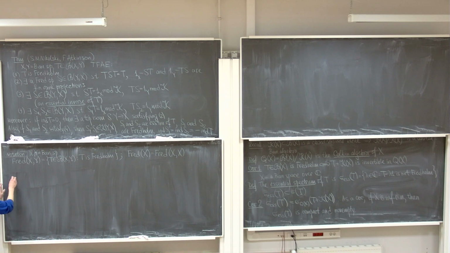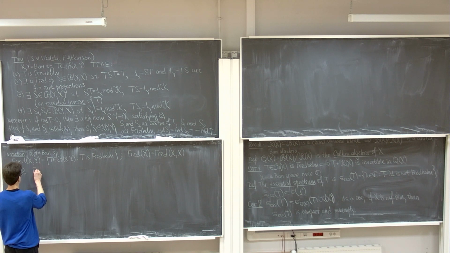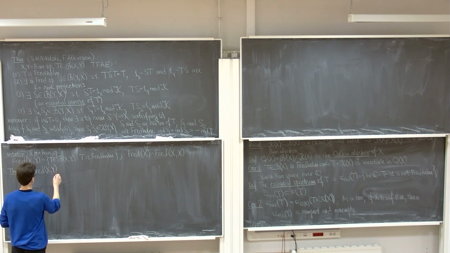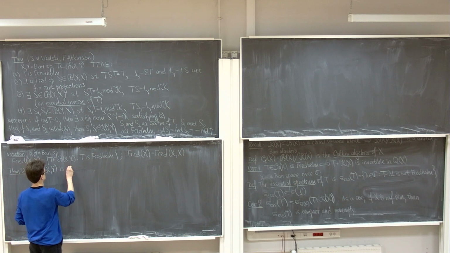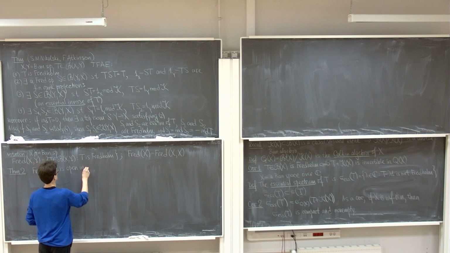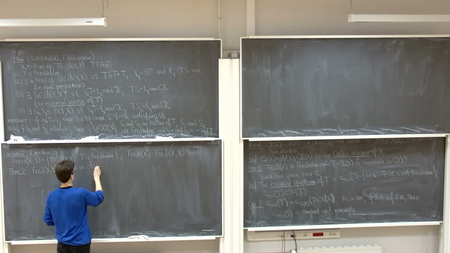So now we have the following theorem. So let it be theorem 2. This is theorem 1, if you don't mind, and this is theorem 2. Theorem 2: the set of Fredholm operators is open in the space of all bounded operators.